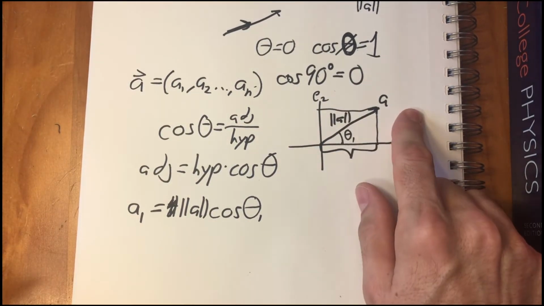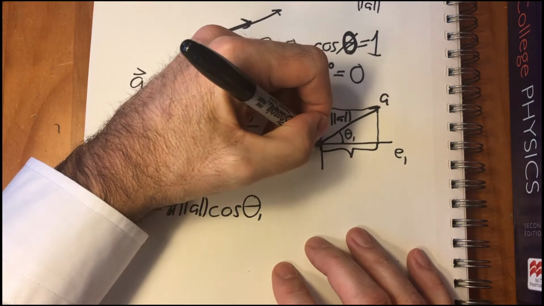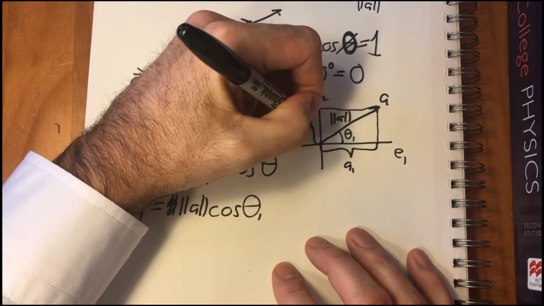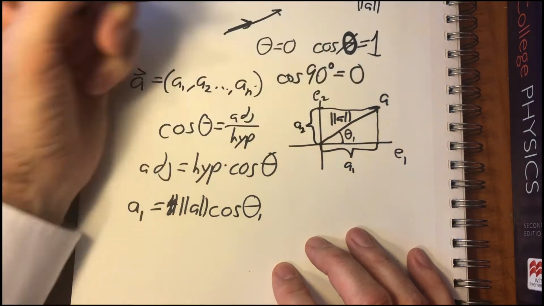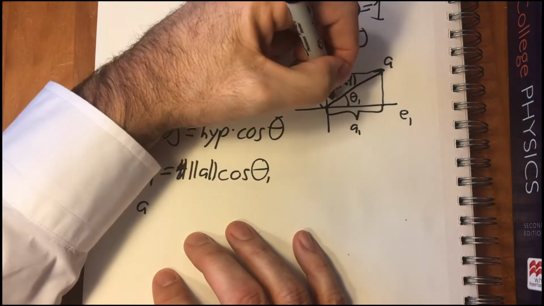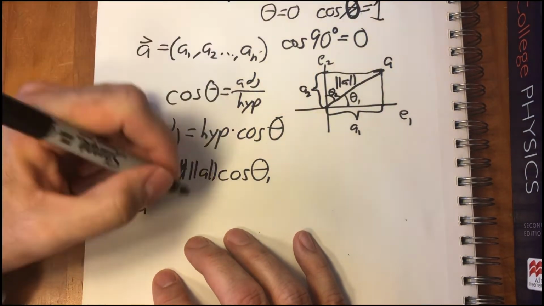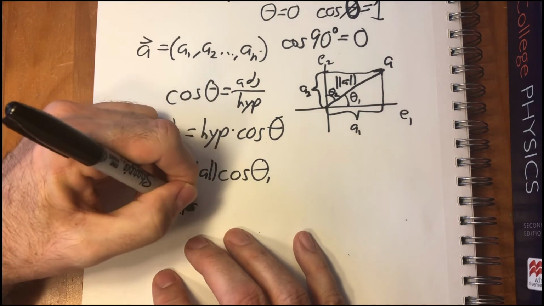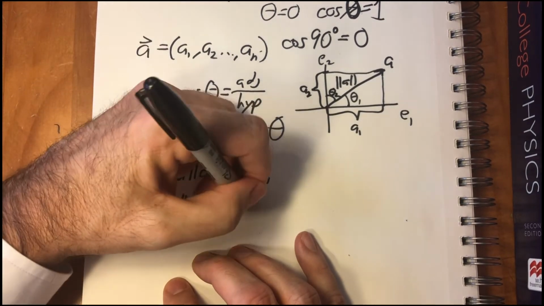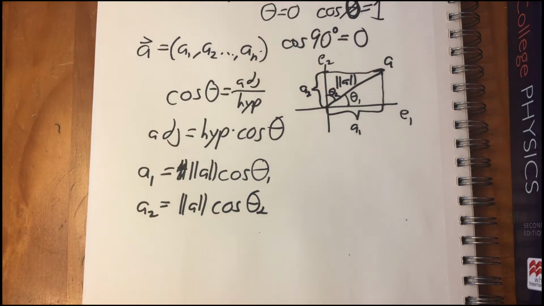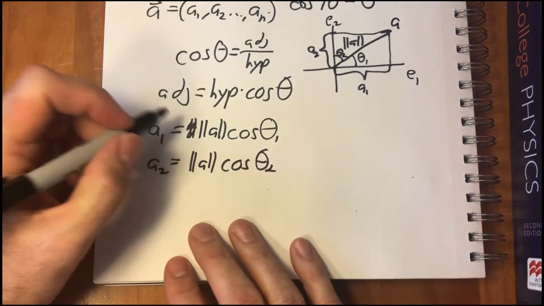Okay, that's what we just had here. So this is A1, and then A2 is the same thing with a different angle. So A2 equals the length of A times the cosine of theta 2. Okay, so that's the first step.